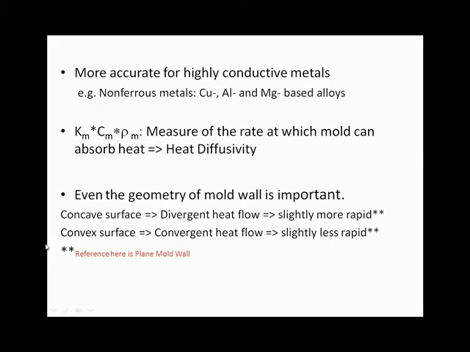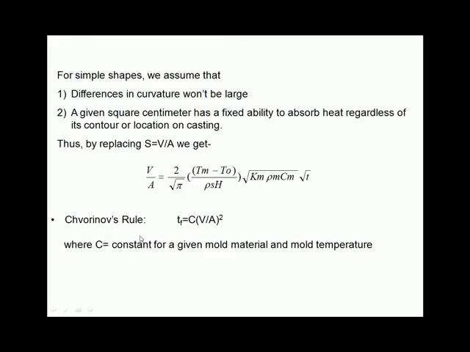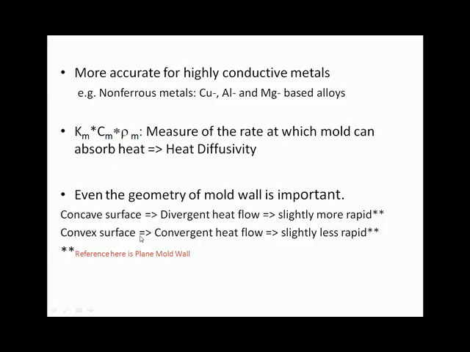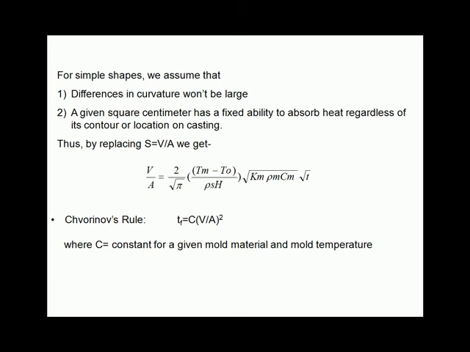Now this Km rho m Cm is a measure of the rate at which the mold can absorb heat. This is heat diffusivity. Even the geometry of the mold wall is important, because if we have a concave surface, then the heat flow is divergent, which is slightly more rapid, and if you have a convex surface, then the heat flow is convergent, which is slightly less rapid. Our reference here is the plane mold wall, that means I'm comparing with respect to the plane mold wall.